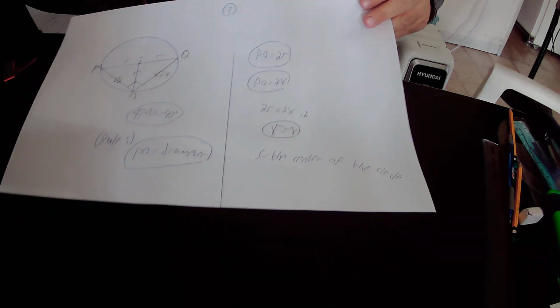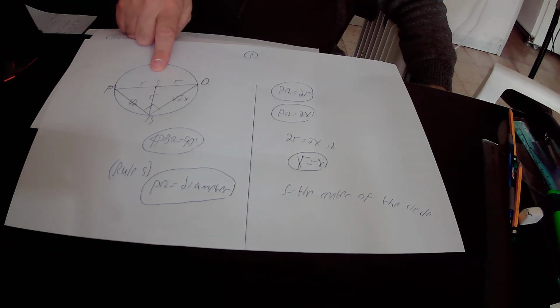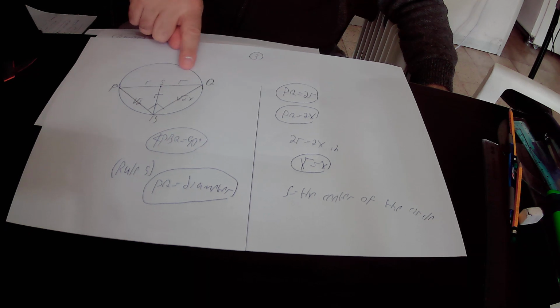So here, PS, that is x, is the radius of the circle, and QS, that is also x, is the radius of the circle. Again, PS is the radius of the circle, and QS is also the radius of the circle.